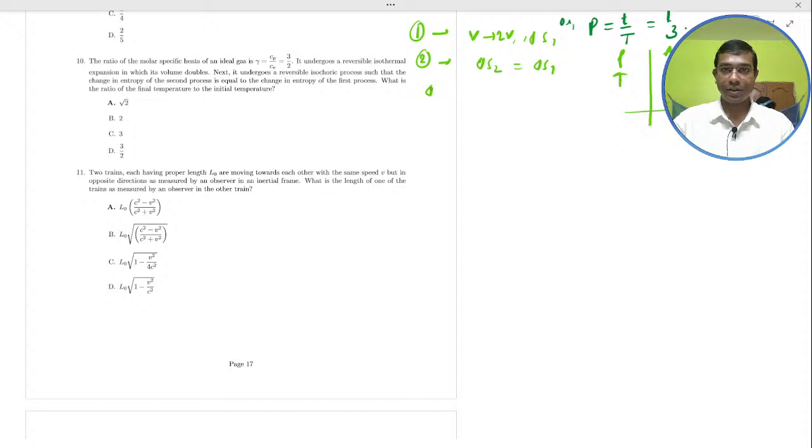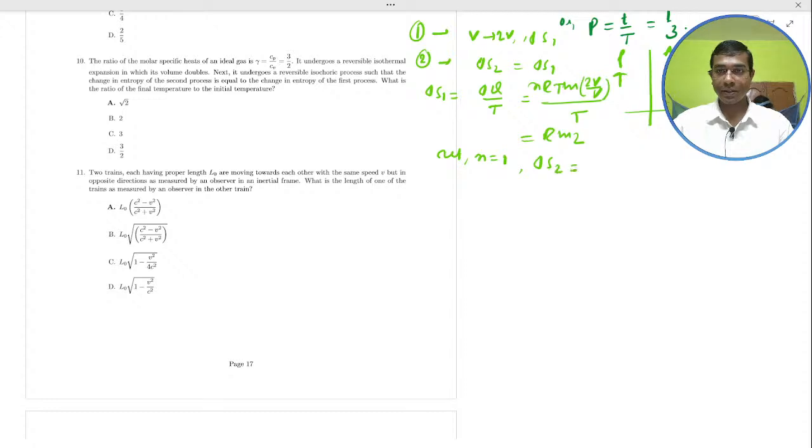So now calculate delta S1 equal to delta Q by T, that means nRT ln 2V by V divided by T. So this would become R ln 2, letting n equal to 1.